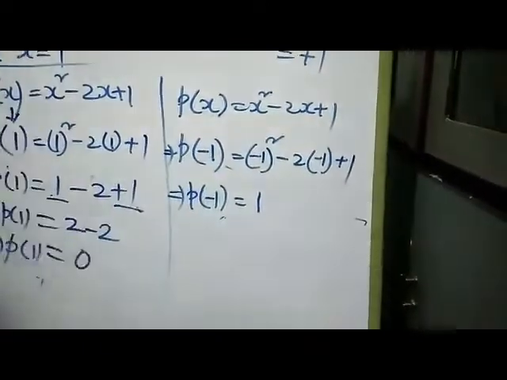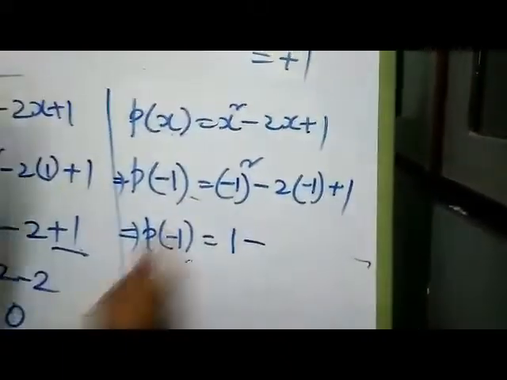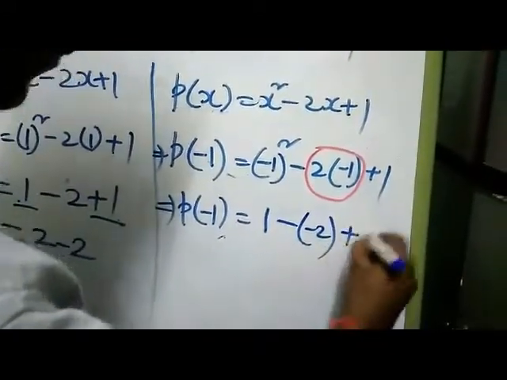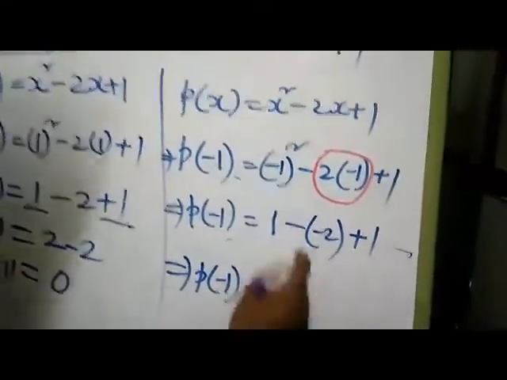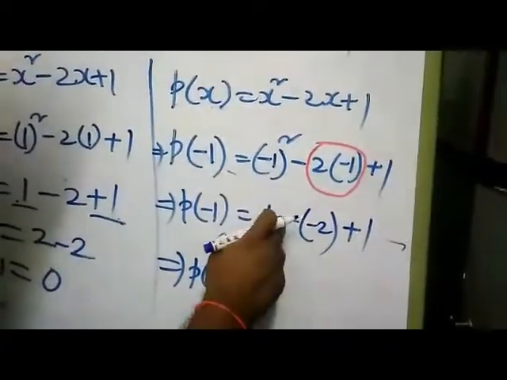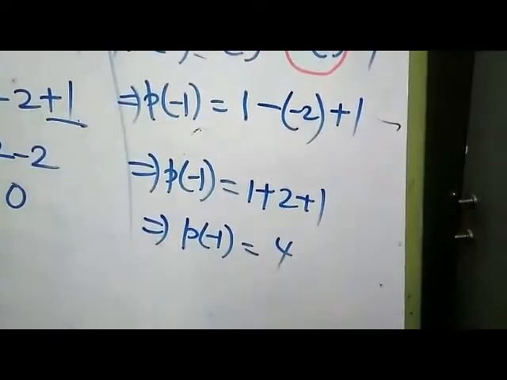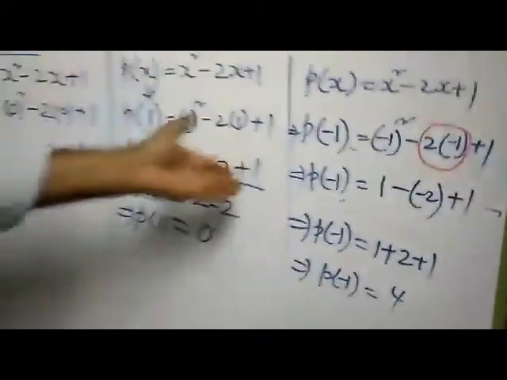Here, I'll write first minus 2 into minus 1. 2 into minus 1 is equal to minus 2. Minus 2 plus 1. That implies P of minus 1 is equal to, minus into minus is plus, otherwise not negative, positive. 1 plus 2 plus 1. That implies P of minus 1 is equal to 4. We can find like this, as many as you want.